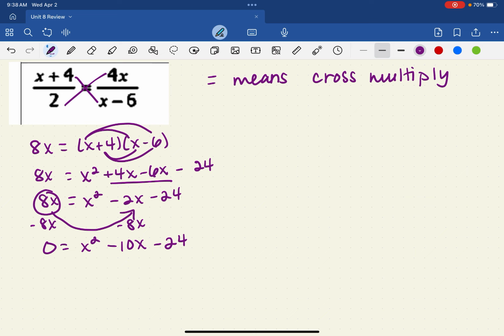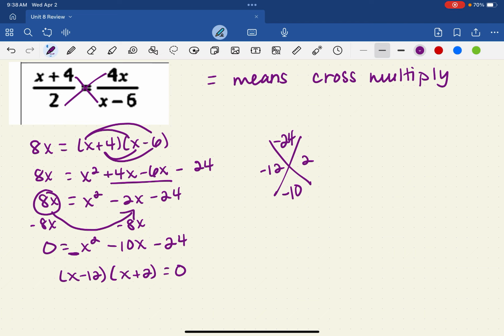Let's go ahead and do x method. Negative 24 and negative 10. 2 numbers that give me negative 24 but add to give me negative 10 are negative 12 and 2. And there is no leading coefficient, so I end up with x minus 12 and x plus 2 equals 0.